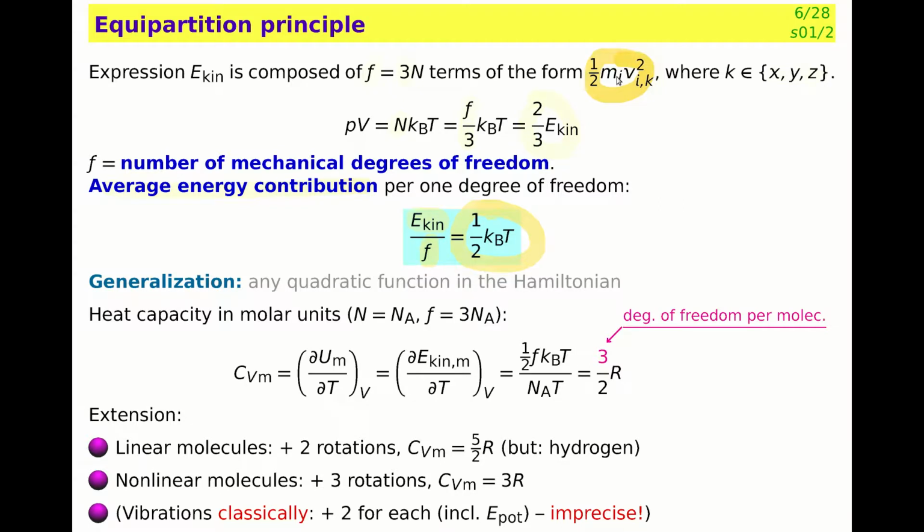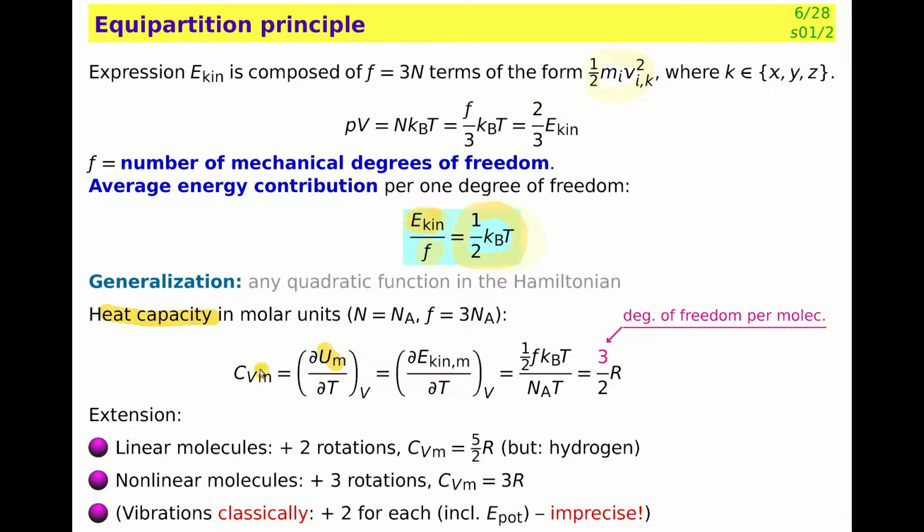One molecule can be very slow, one quite fast. But on average, the kinetic energy per 1 degree of freedom is given by this quantity in systems which have many molecules. If we have the kinetic energy which equals the internal energy, we can calculate the heat capacity.